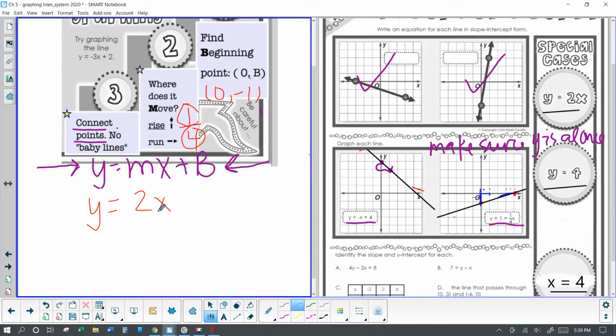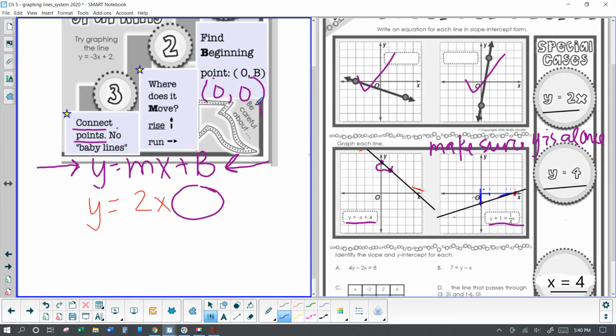My steps for graphing say that the first thing I'm supposed to do is use my b number in order to write my beginning point. But this one, there is no b number. And so what's happening here is my beginning point is at 0, 0.